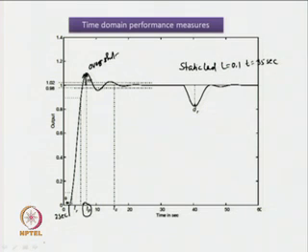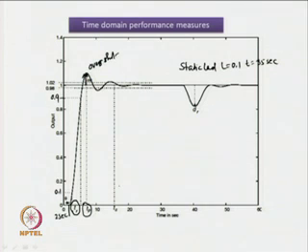Any other information we can obtain from this time response? As you know, the time taken for the response to go from 10% of the output to 90% of the output is known as rise time.